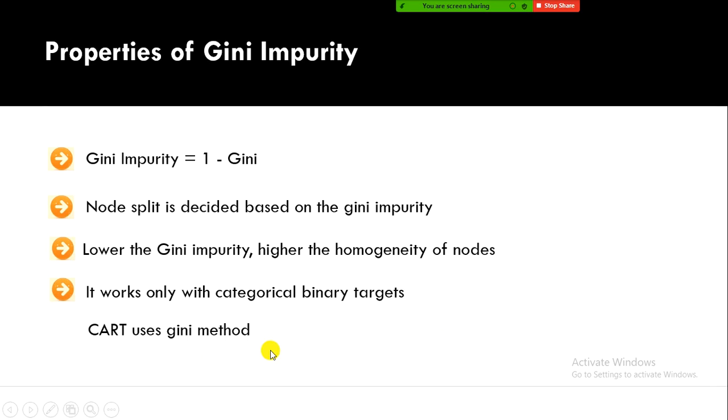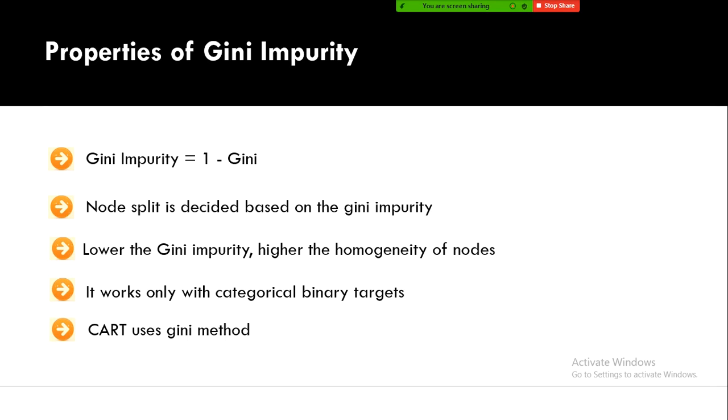CART uses the Gini method. There is an algorithm called CART. CART stands for classification and regression trees. As I told you, we can use decision tree to solve both the classification as well as the regression problem. To solve a regression problem using decision tree, we call this a regression tree.